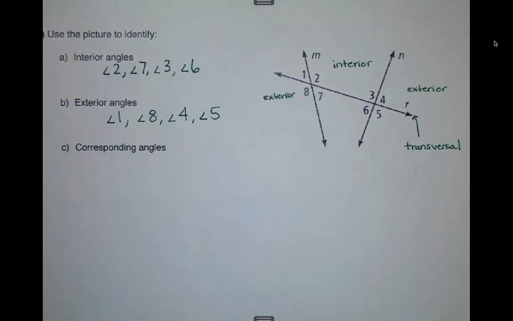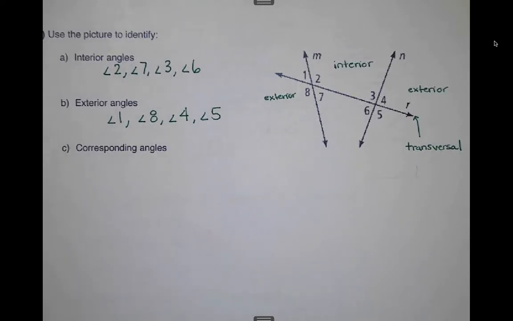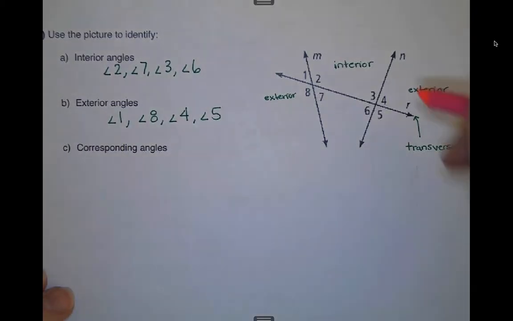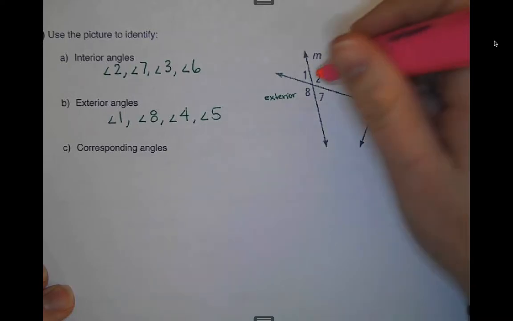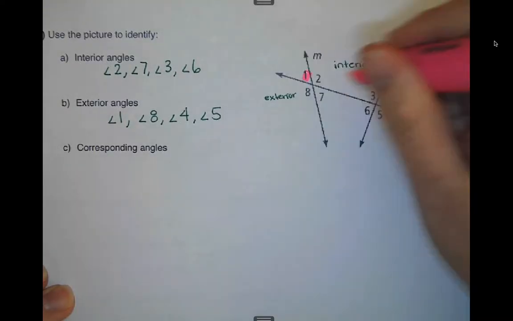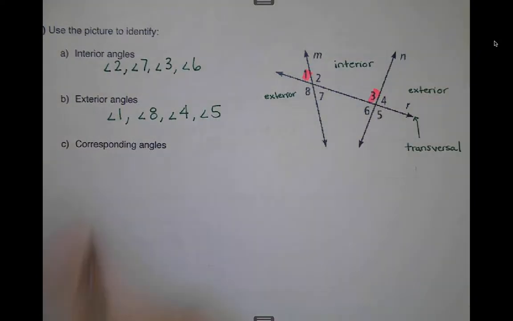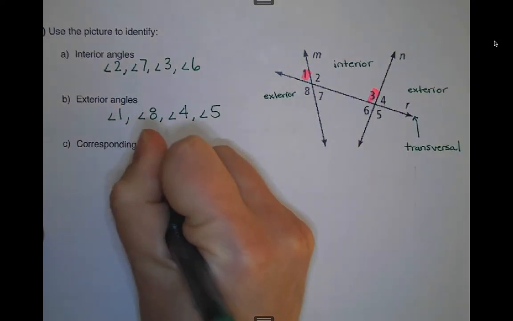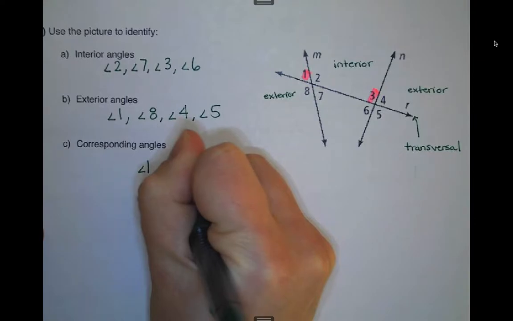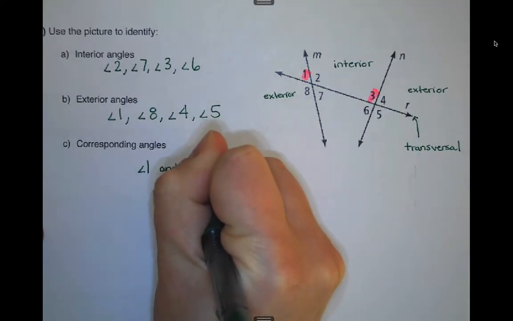The final one is a little more specific. What are the corresponding angles? And corresponding angles have to lie on the same side of the transversal and in corresponding positions. Right? So for example, angle 1 and angle 3. So I'll highlight those. Angle 1 and angle 3, one of the 4 pairs.